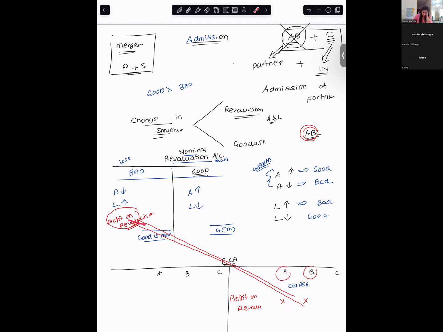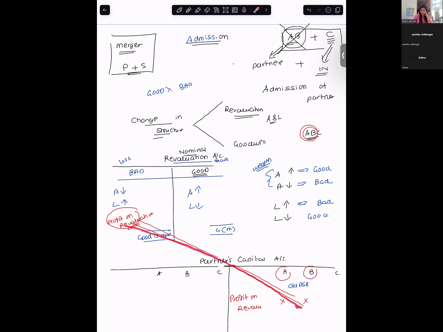From the revaluation account to the partners capital account.